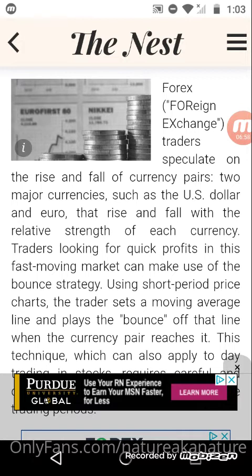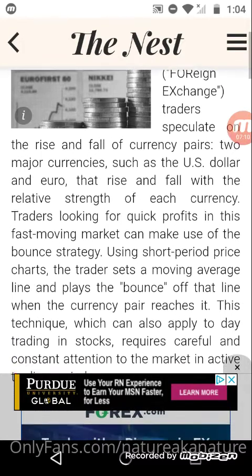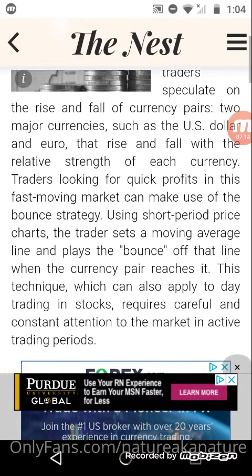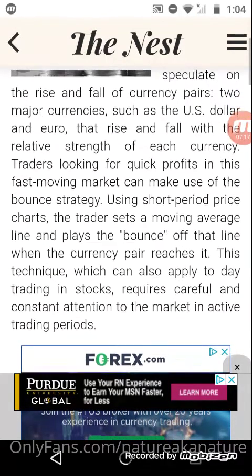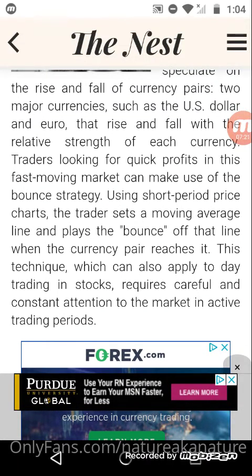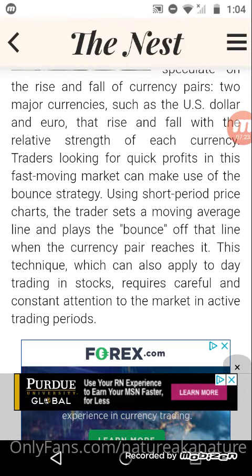So traders looking for quick profits in a fast-moving market can make use of the bounce strategy. The bounce strategy is usually used on a short period price chart. The traders set up the EMA, a moving average, which we already went over, and I'm going to show y'all examples of that too in the later examples. But we're just going to get definitions first, and then I'm going to put it all together. So the play is the bounce off the moving average.